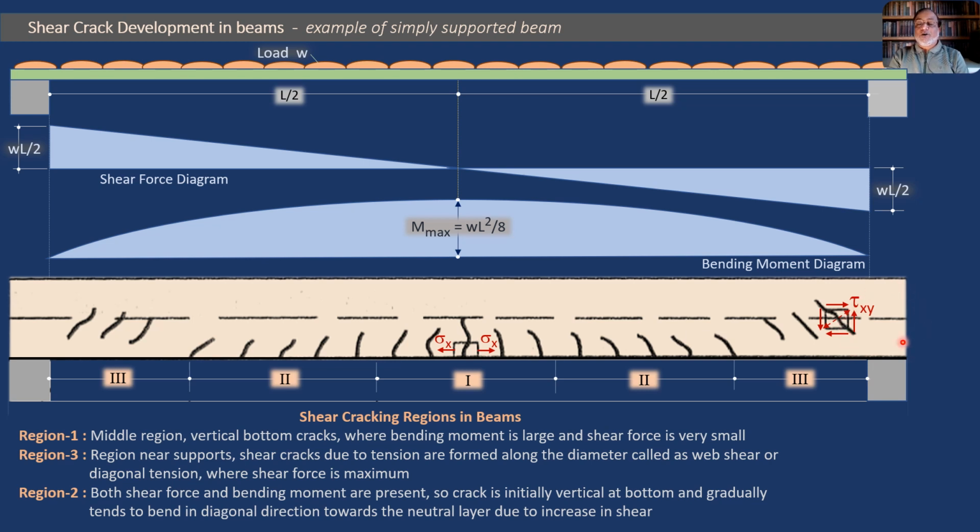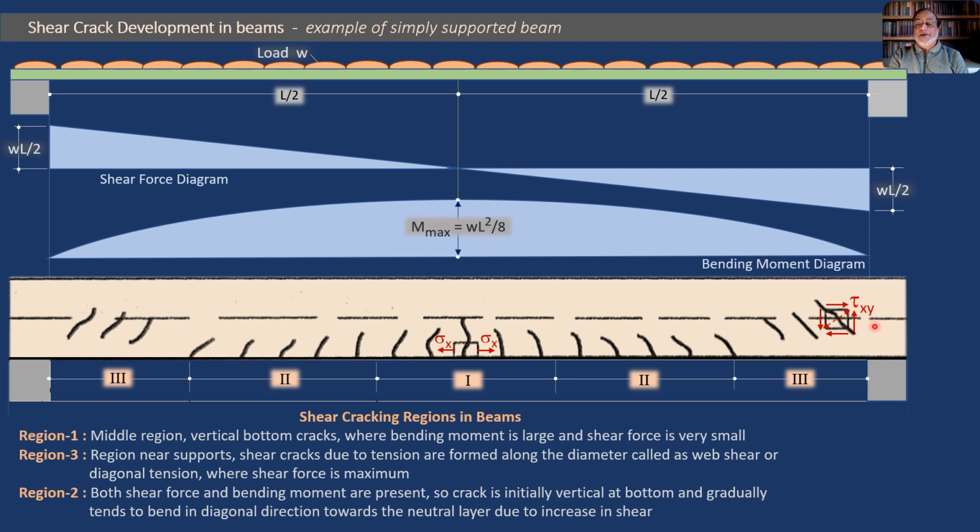Now we have also seen in the earlier slide that due to this pure shear, this red dashed line you can see indicates diagonal tension. Diagonal tension will be developed and concrete is weak in tension and that is why it will fail and you will get this crack.